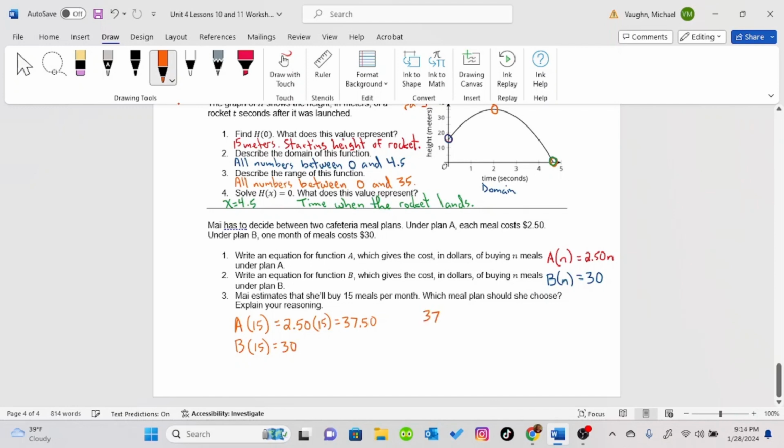So $37.50 is greater than 30. That means A of 15 is greater than B of 15. So she should choose Plan B because it is $7.50 cheaper.